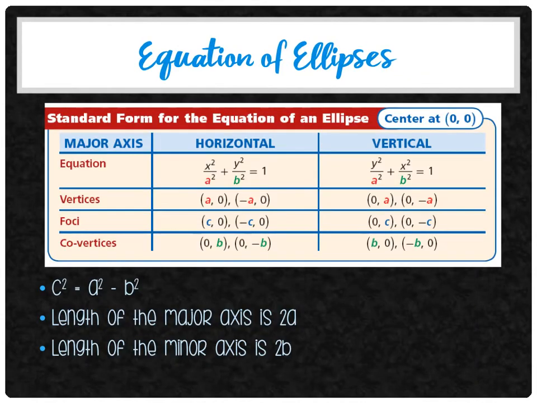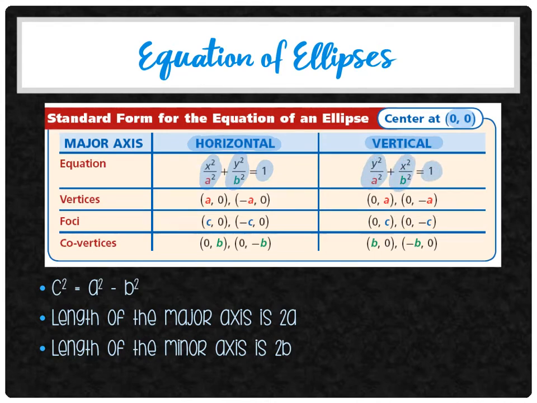Okay, so here are the equations for the ellipses. This would be if your center's at 0, 0. We'll talk a little bit about what happens when that shifts off of 0, 0. But your equation is x squared over a squared plus y squared over b squared equals 1 for the horizontal. For the vertical, it's y squared over a squared plus x squared over b squared equals 1.